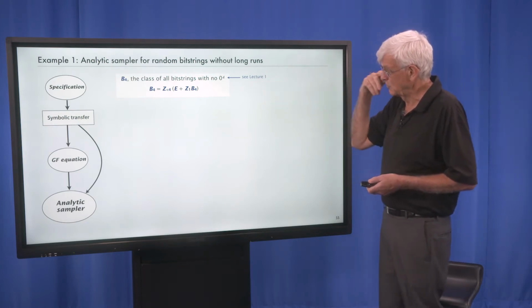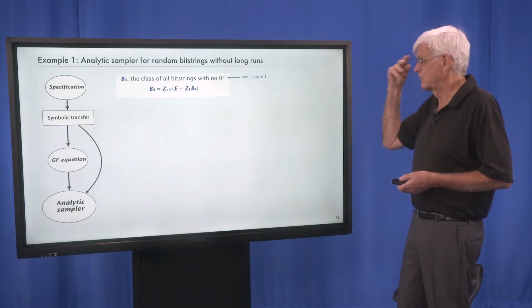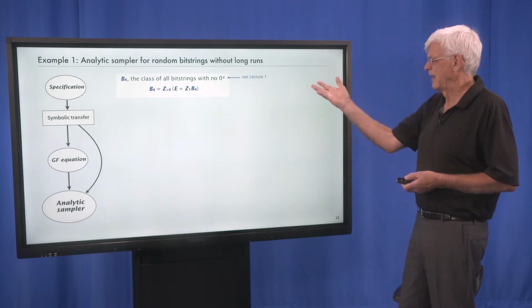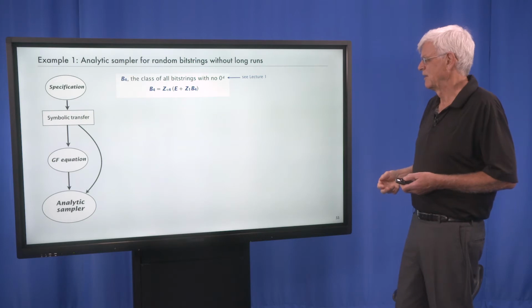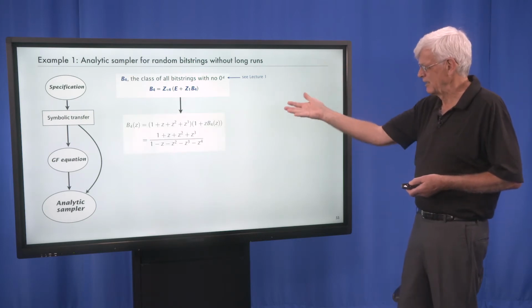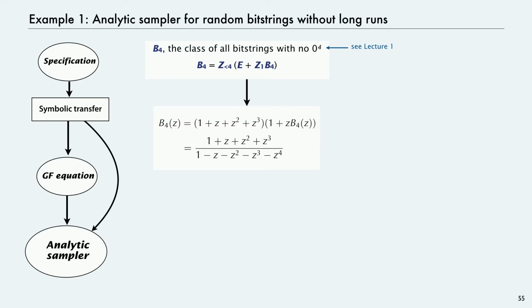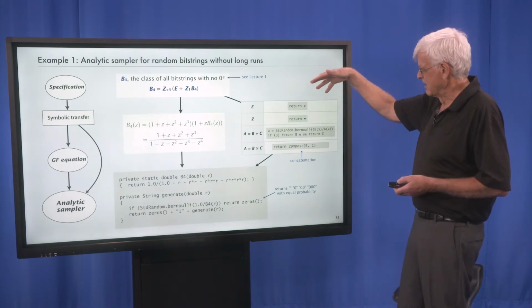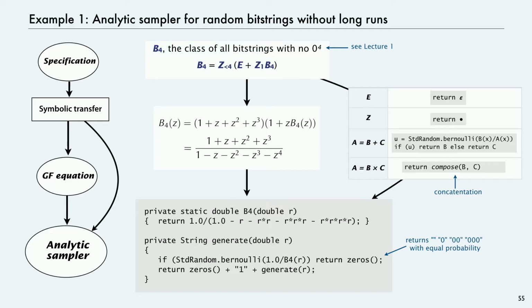And that's composed with either the empty string or a 1 followed by a B4. That's a combinatorial specification and leads immediately to this generating function equation that we've seen before in lecture 5 of analysis of algorithms.